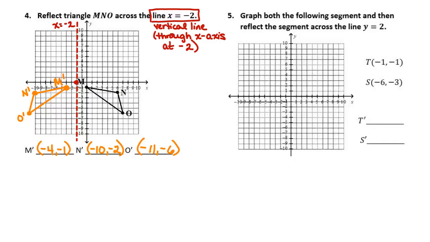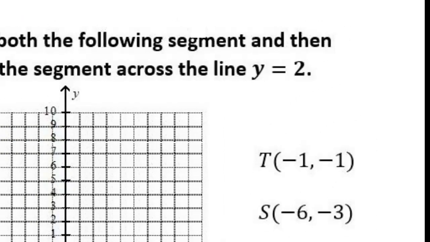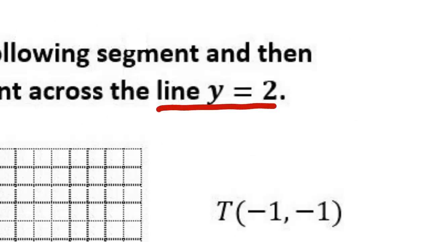All right. Number 5, last one on this page. We're going to reflect across the line y equals 2. If x equals -2 is a vertical line, what kind of line would y equals 2 be? Horizontal line.